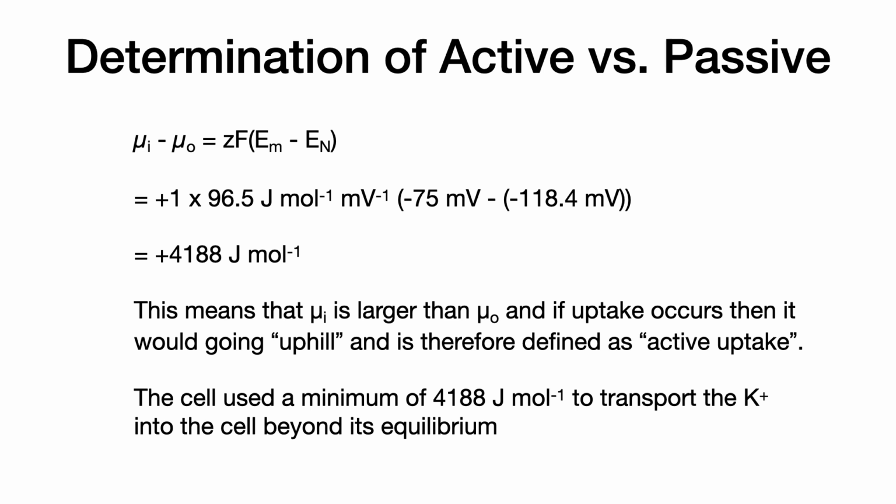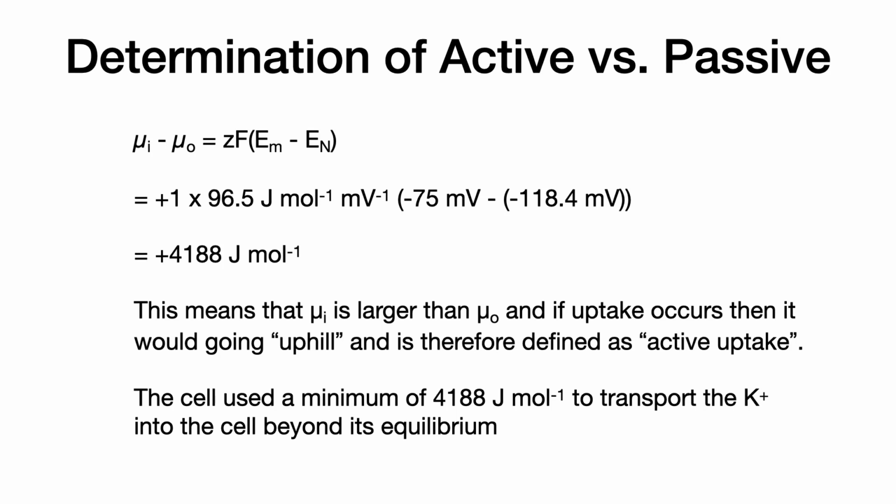Let's go through this calculation for the minus 75 millivolts. So we have a charge of +1 times F, which is 96.5 joules per mole per millivolt, times the measured membrane potential or actual membrane potential at minus 75 millivolts minus the Nernst membrane potential at minus 118.4 millivolts.